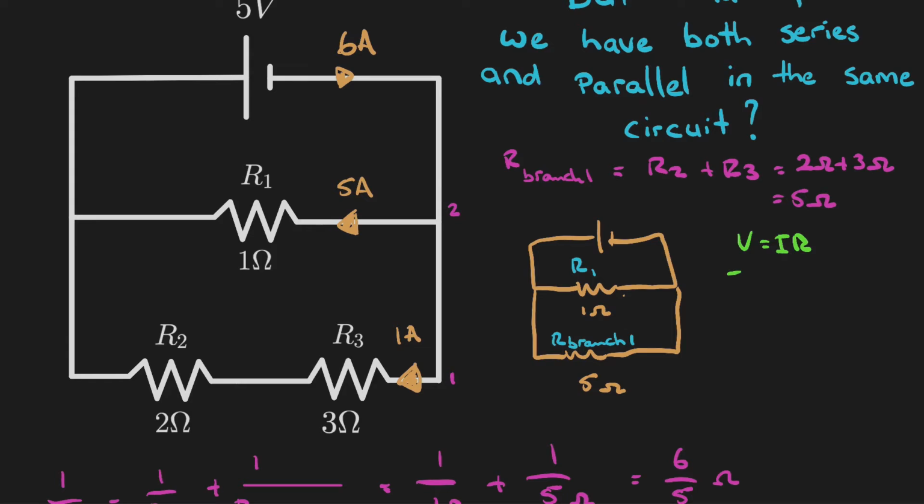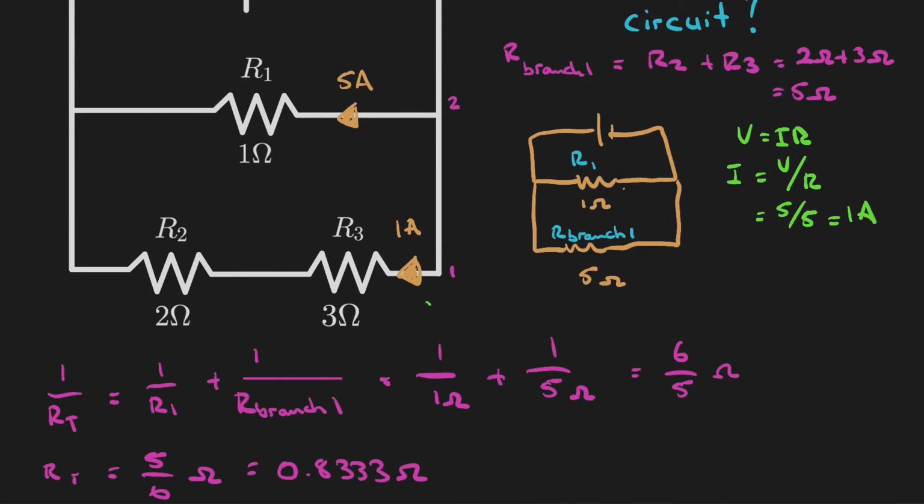And the current through that branch is I equals V divided by R. And we know that voltage is the same, so 5 volts divided by the equivalent resistance, which was 5 ohms, which equals 1 amp. So we are right. We know that 1 amp was flowing through this part of the circuit.